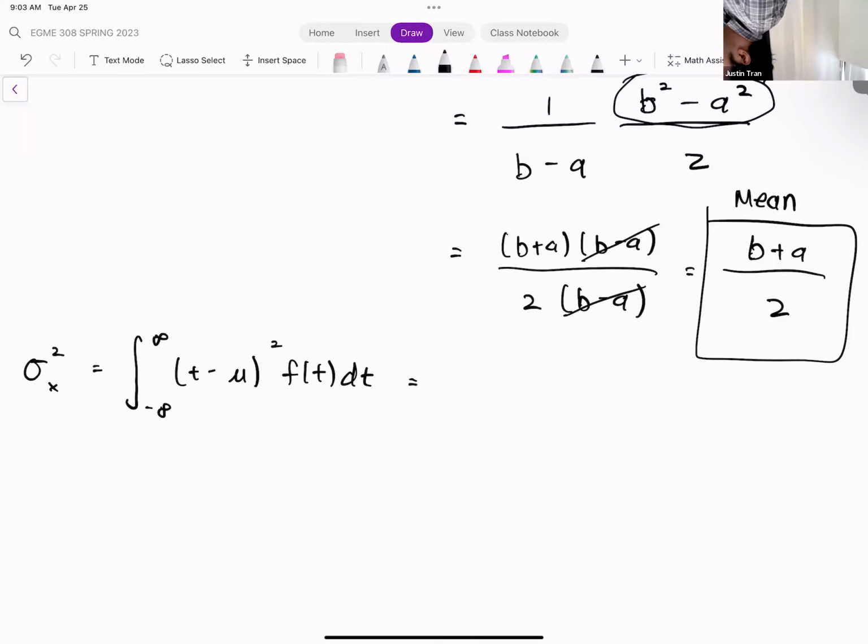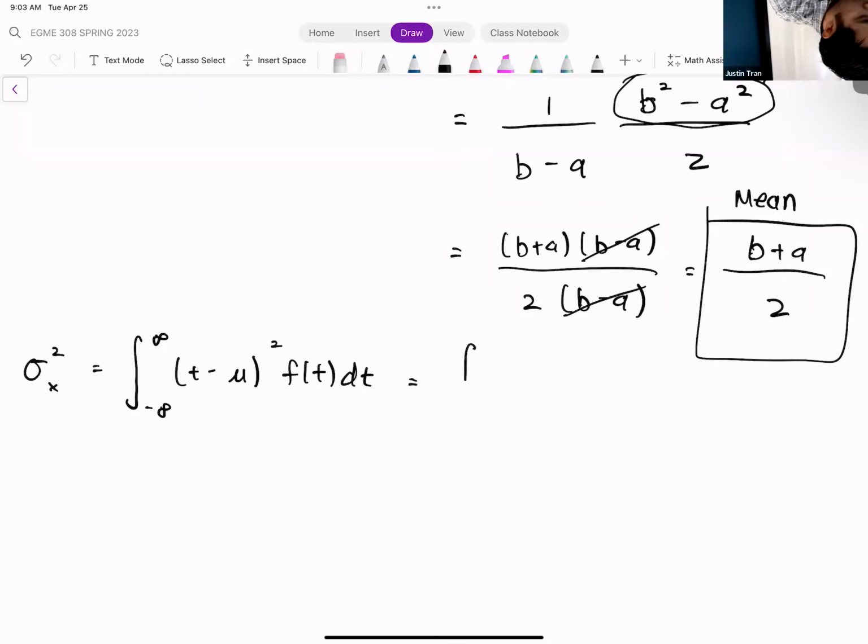That's just our formula for the variance. We can plug in quite a few things: we can plug in for the mean, which we solved for, we can plug in for f of t, and we can adjust the bounds as well. So let me do that first.